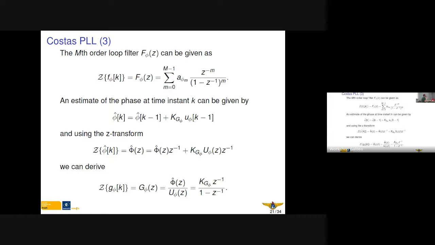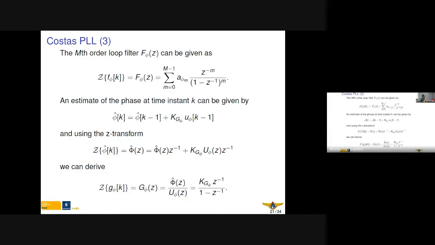And using the z transform, we can transform this equation to the z domain, and then we have phi hat of z is equivalent to phi hat of z times z to the minus 1 plus kg phi u phi of z to the minus 1.